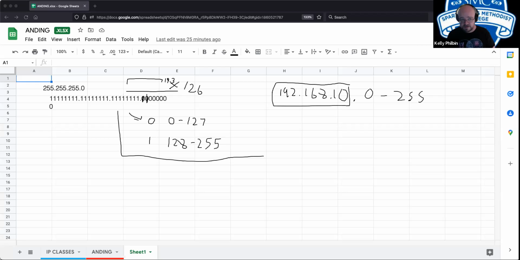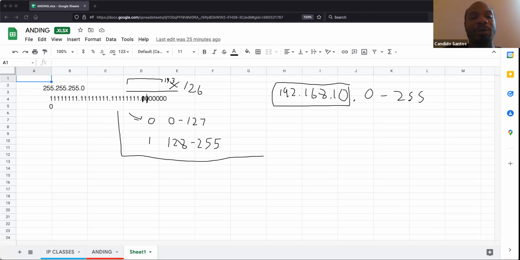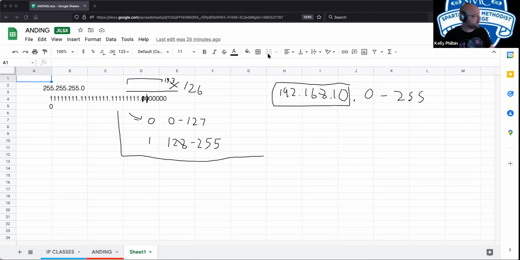Right, so you turn one of the zeros, well, two of the zeros into one. When you turned on the first zero, it gave you 0 through 127, and when you turned on the second zero, that gave you 128 through 255. Is that correct? No. Let me redo this again. I have to erase that.